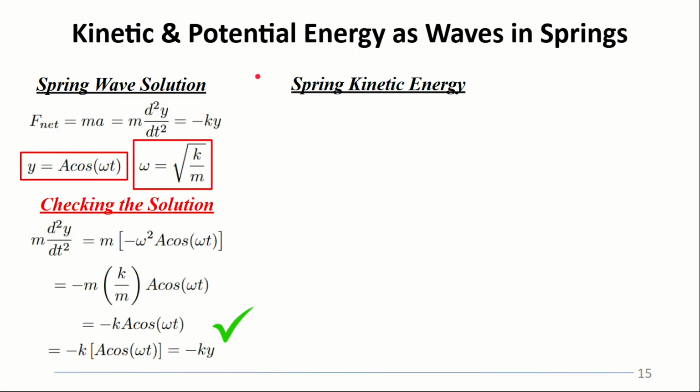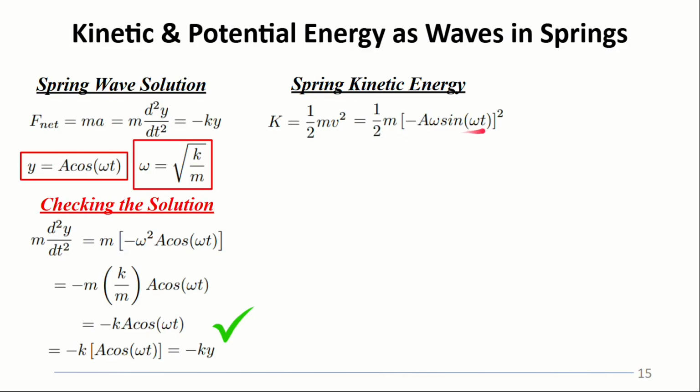Now let's start getting into the energies for the spring system. And let's start by talking about the spring kinetic energy. So we know kinetic energy is 1/2 mv squared. And then we stick in our speed. If you differentiate once, you take dy dt, you'll get negative a omega sine omega t. So that's just kinematics there.